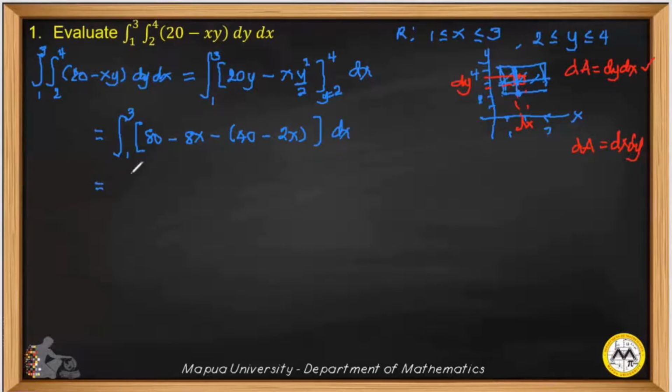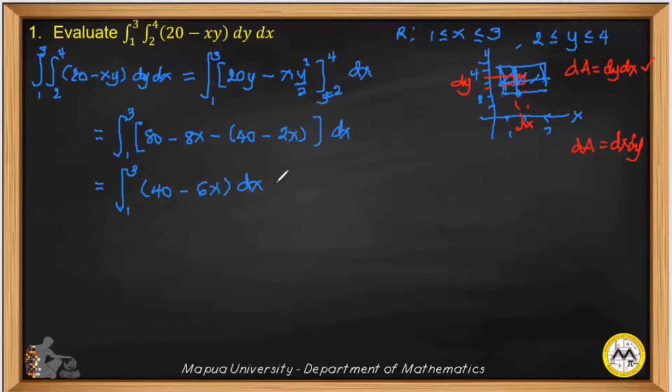And let us simplify the resulting integrand, which is the result of the inner integration. It becomes the integrand of the outer integration in x. And 80 minus 40 is 40. Negative 8x minus minus 2x is negative, or minus 6x dx.